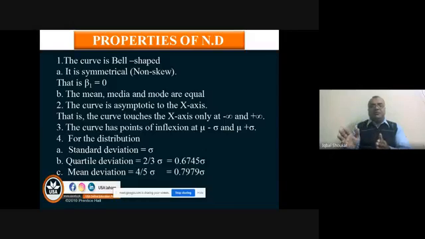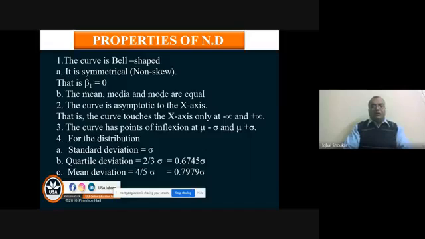It would not be positively skewed or negatively skewed, it would be just symmetrical, where the value of beta 1 equals 0, and the mean, median, and mode are identical at the point of origin. Mostly the values of mean, median, and mode exist at the center point.